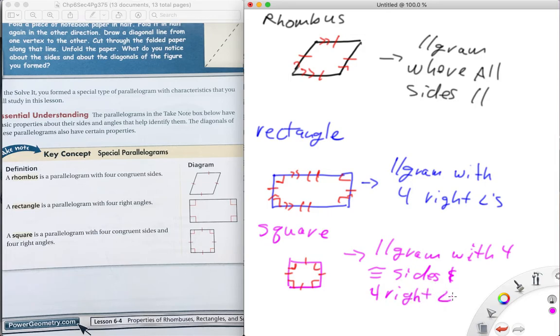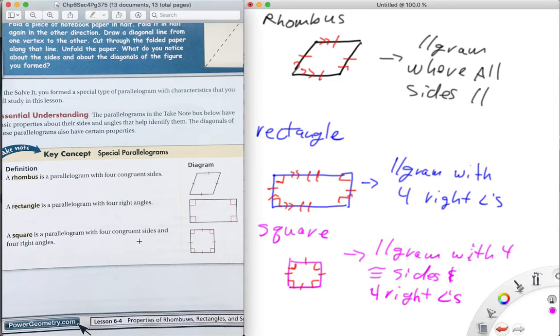Okay, four congruent sides, four right angles. All right, rhombus: parallelogram with all four sides congruent. Rectangle: parallelogram with four right angles. And a square is a parallelogram with four congruent sides and four right angles. They get together, have a baby.